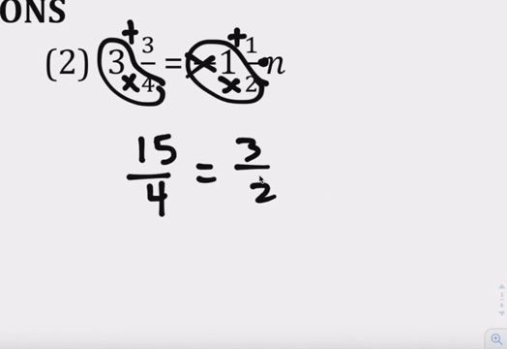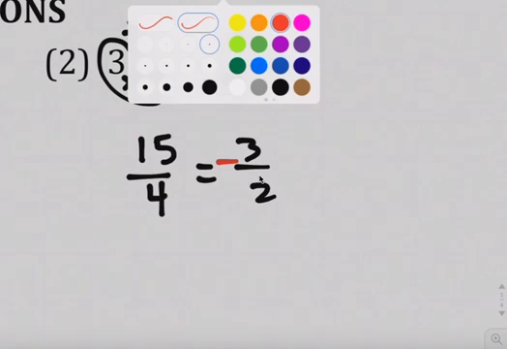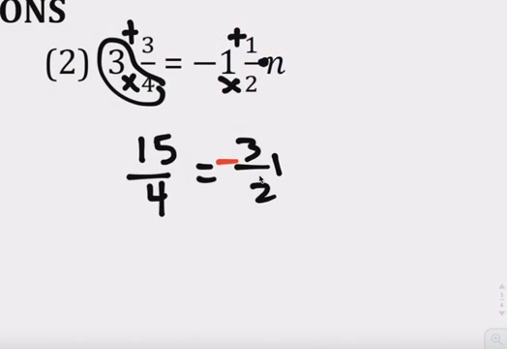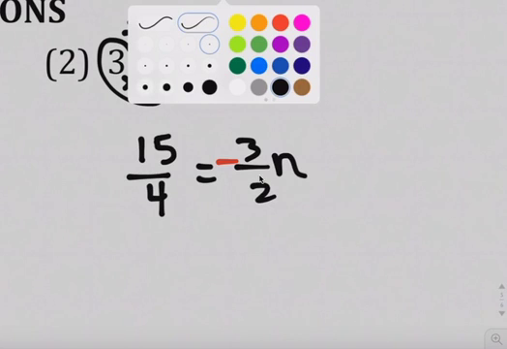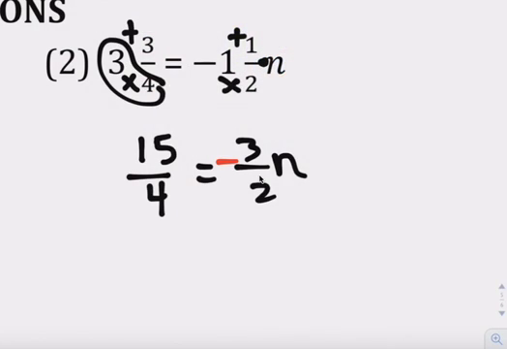Now don't ignore the negative, make sure you bring it down. After you make it improper, you make sure you bring down the negative. And then the n. Okay, now multiply by its reciprocal. So the reciprocal of negative 3 over 2 is negative 2 over 3. Cross cancel.